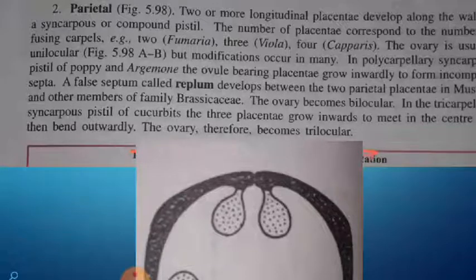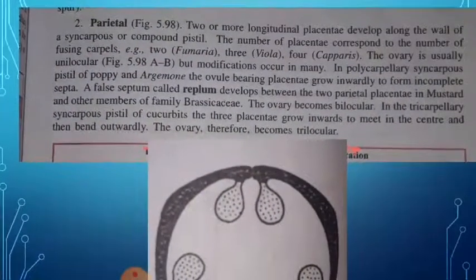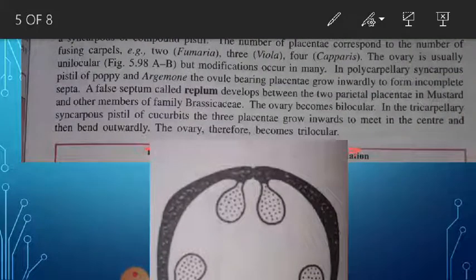The ovary is usually unilocular. But modification occurs in the polycarpous, syncarpous pistil of poppy and mustard. The ovule-bearing placentae grow inwards to form incomplete septa. A false septum called replum develops between the two parietal placentae in mustard and other members of Brassicaceae. Then the ovary becomes bilocular.